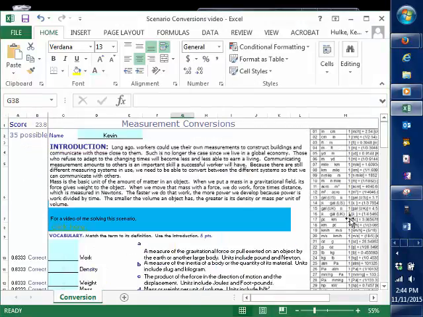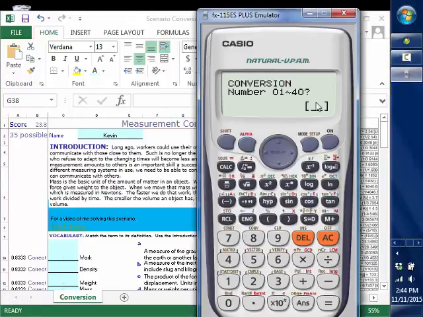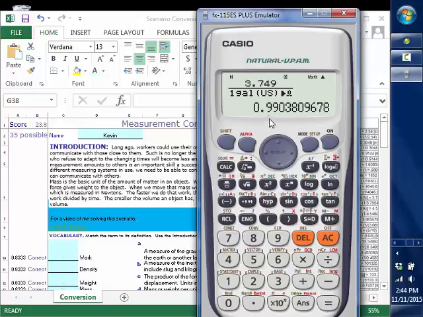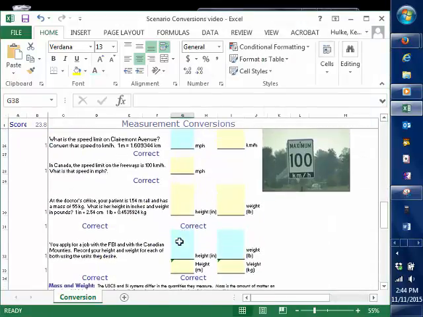Well, if you notice here, gallons US to liters is number 13. So I'm going to use conversion number 13, and I find out it's about 99 cents a liter.